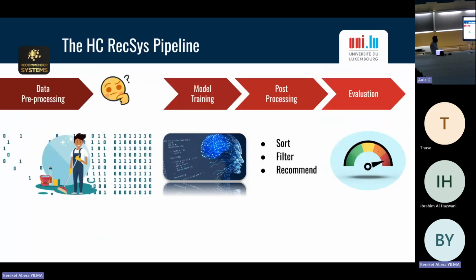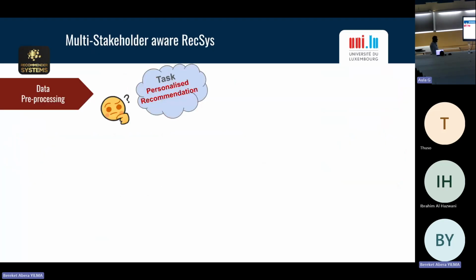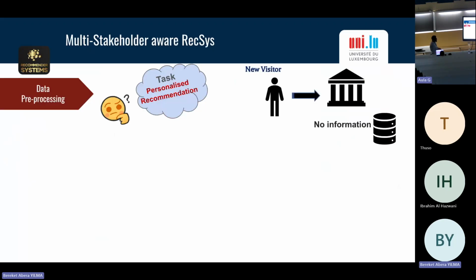So coming back to this RecSys pipeline, now we kind of have an idea of what we want to do. The task is the same, personalization. But now the components are different. It's no longer just matching similar paintings, but rather thinking about how do I make the best possible compromise? What is valuable? The problem is always the same. There is a new user.